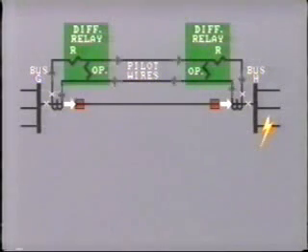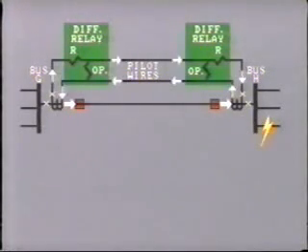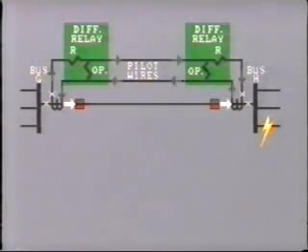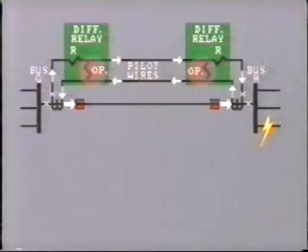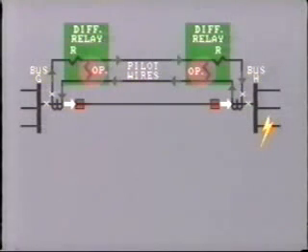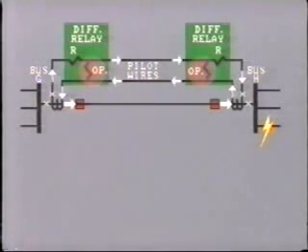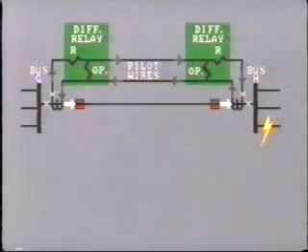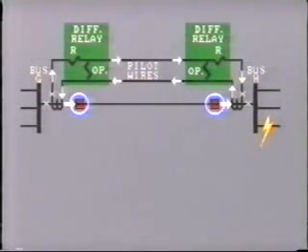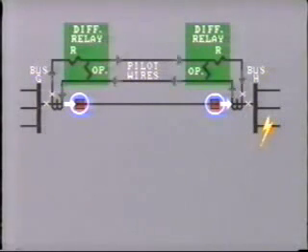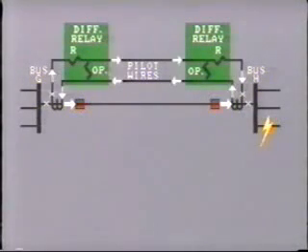The current in the CT secondaries circulates like this. There will probably be a small current passing through the relay operating coils, but this is insufficient to overcome the restraining coils. In this situation, the relays will not trip their respective breakers. This is correct for a through fault.